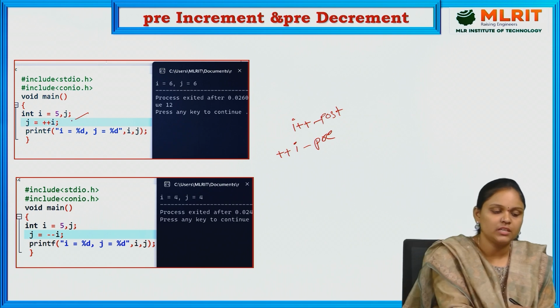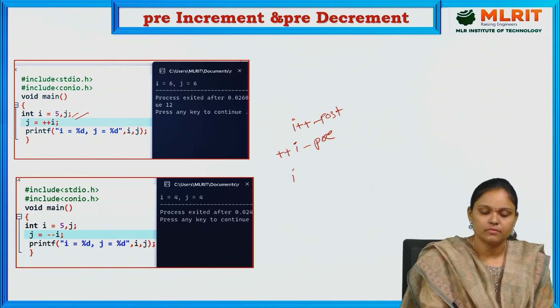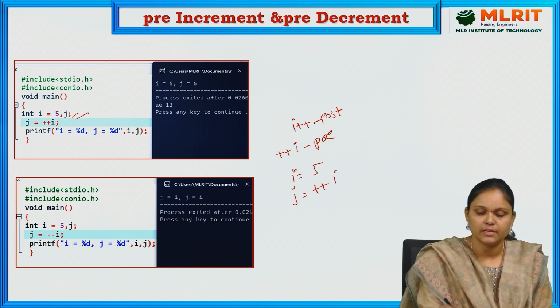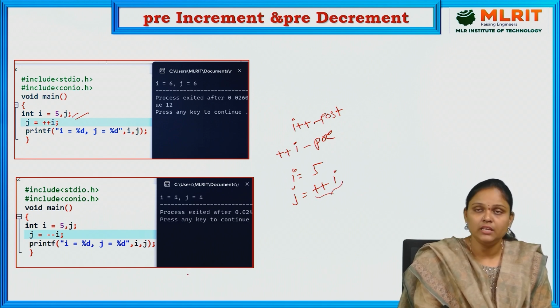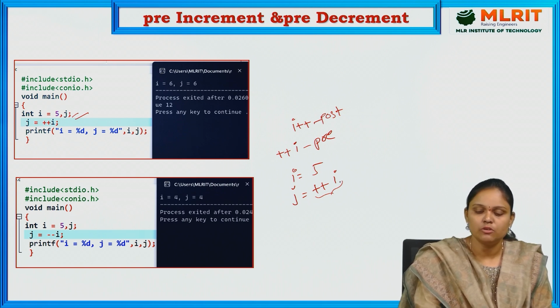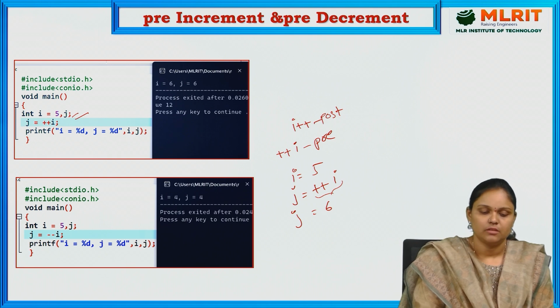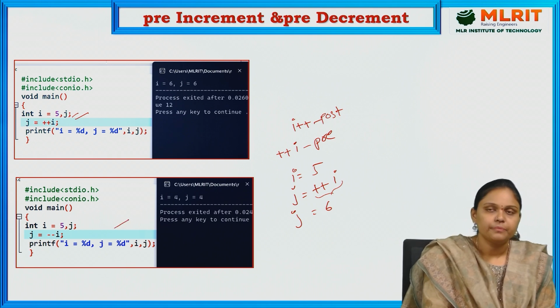So here we are taking i equals 5 and j equals plus plus i. First the operation is performed, so we are incrementing the value of i. After incrementing, the i value will be 6, and that 6 value we are assigning to j. Then next, coming to the pre-decrement.